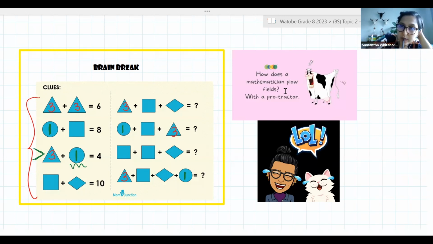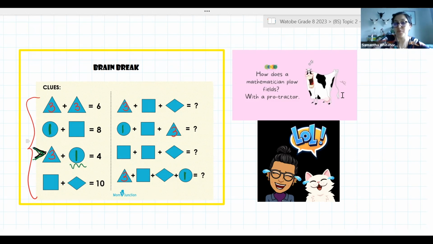Which one are you doing, Militia? The answer that says 4. Okay, so we've done that one. Maya did this one for us. So we've got 3 plus 1 is 4.